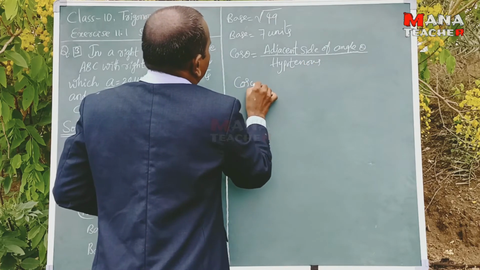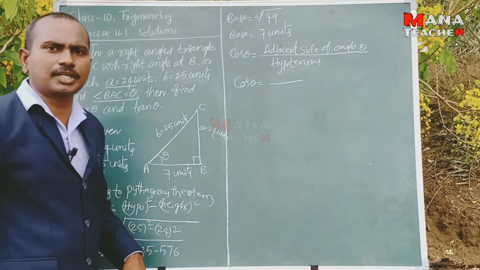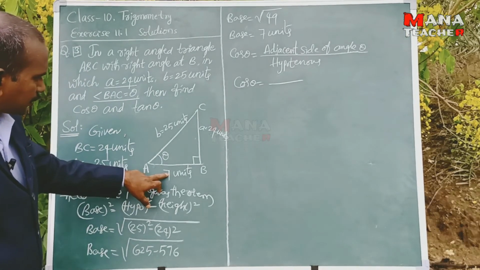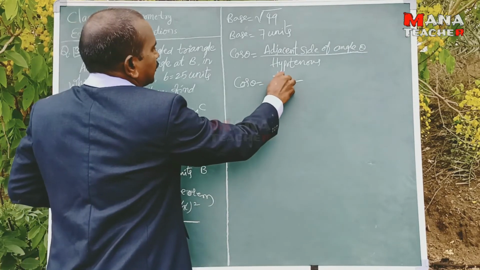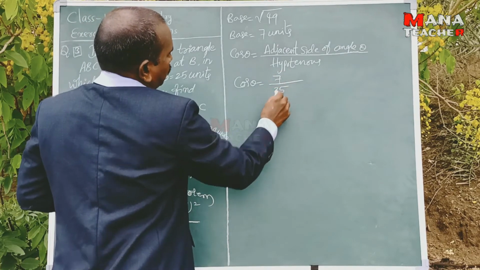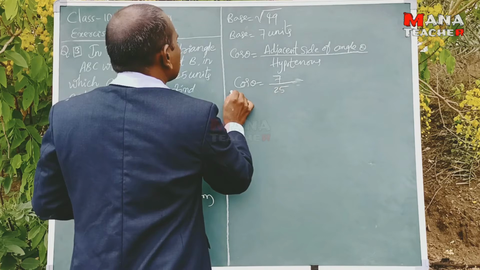Next, cos theta equals adjacent by hypotenuse, means 7 by 25. So, this is cos theta.